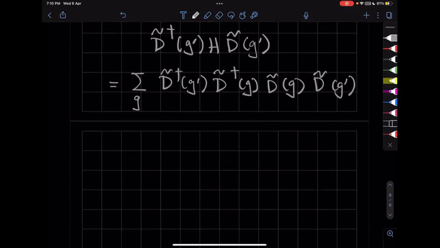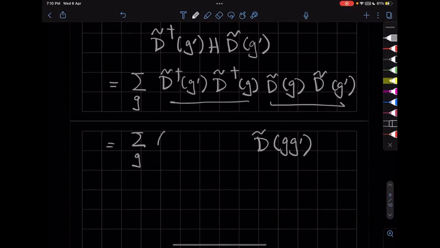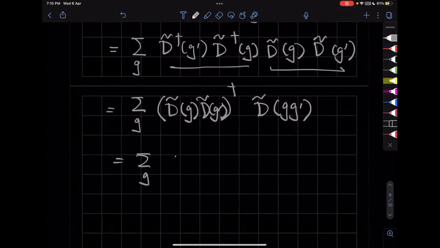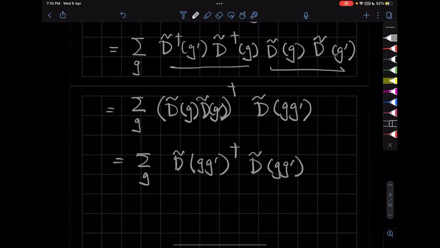Now we are dealing with a representation. It is not unitary, but it's a representation nonetheless. So we can write this as, this guy is basically going to be D tilde of GG prime. And this thing, inside a dagger, the ordering will change. And therefore, this thing is going to be D tilde GG prime dagger, D tilde GG prime.